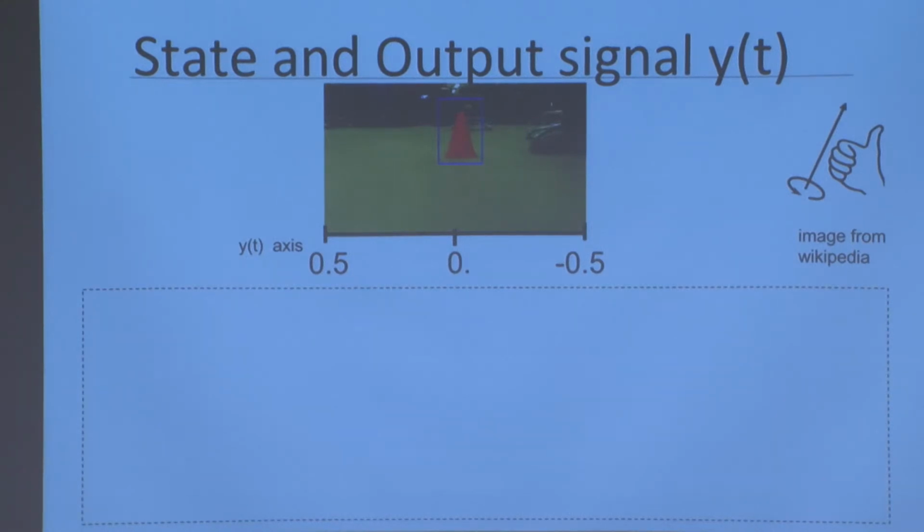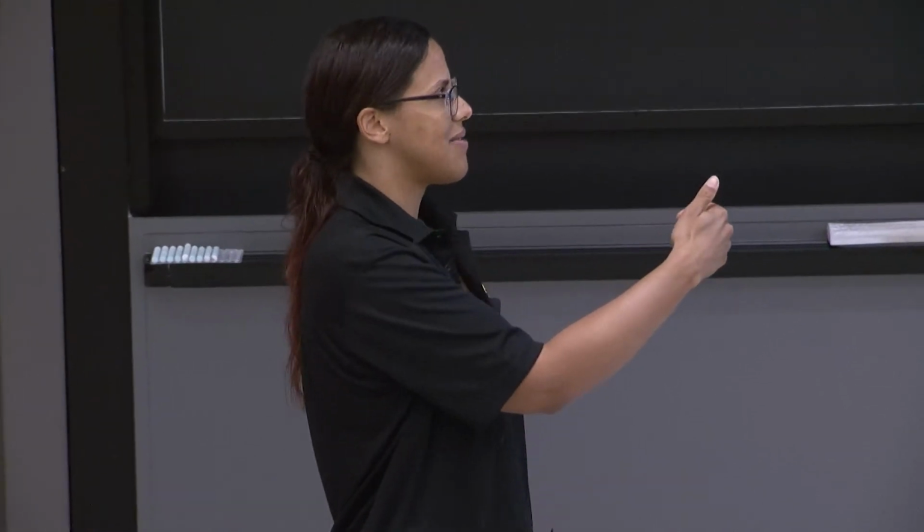And if the cone is to the right of it, so I had my hand out like this, if it's to the right of it, then if you're thinking about the right-hand rule, that's in the negative direction. If it's to the left of it, it's in the positive direction. And I also said it's going to be 1 at the bottom. You guys can do this how you want, but this is how I define my system.